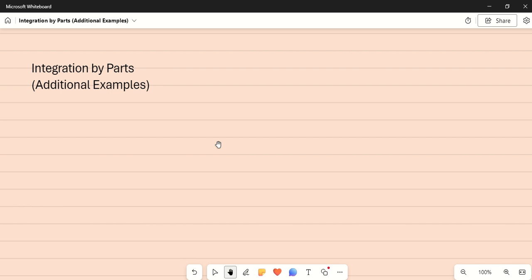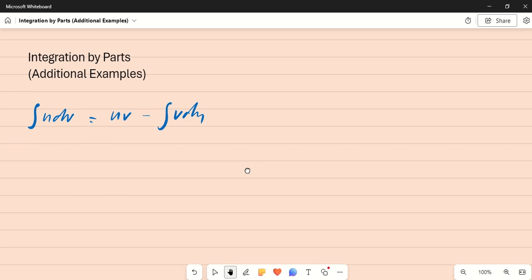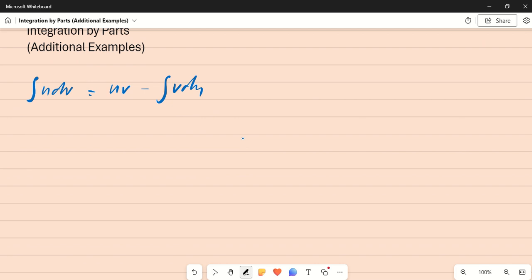If you can still recall, the formula for integration by parts is the integral of u dv is equal to uv minus the integral of v du. So there's a need for you to solve first for u, v, du, and dv in order for you to apply this formula. Let's look at our first example for today's lesson.